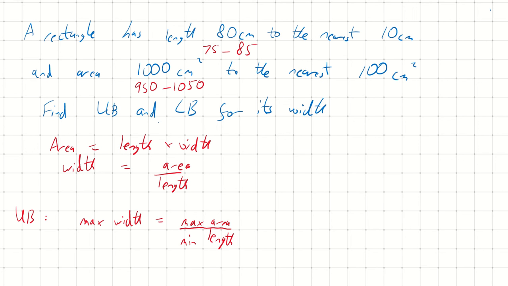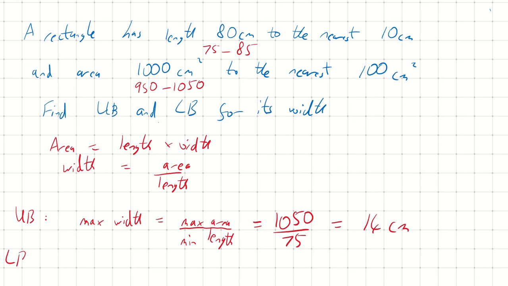To make width as large as possible, because this is a division, we want the thing on top of the division to be as large as possible, and the thing we're dividing by to be as small as possible. So the maximum width is the maximum area, which is 1050, divided by the minimum length, which was 75. 1050 divided by 75 gives a maximum width of 14 centimeters.